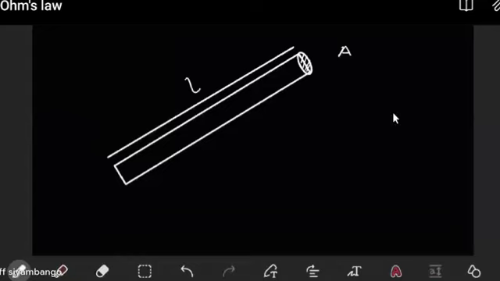This resistivity, which we give rho as the symbol, is a constant that depends on the material. So different materials will have different resistivity.